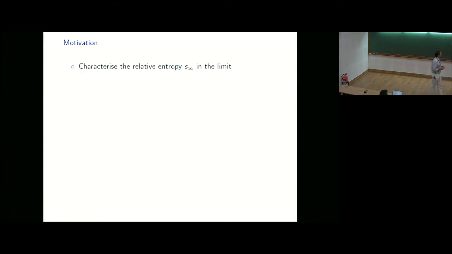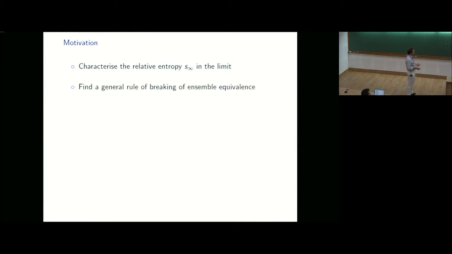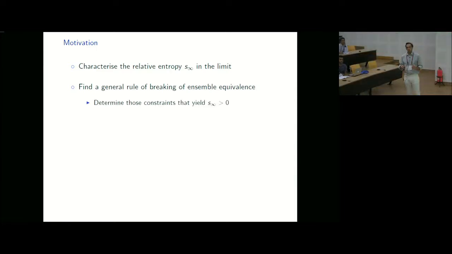So the motivation behind looking at these ensembles and the relative entropy is that we want to characterize this relative entropy S infinity. We would like to find a general rule for when breaking of ensemble equivalence occurs, if it occurs, with this scaling n squared, or determine the constraints, in this case edge and triangle density, and the specific values or regions of values of these constraints where the relative entropy is positive.